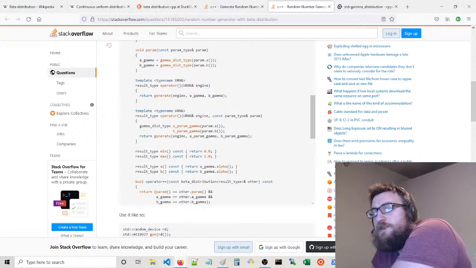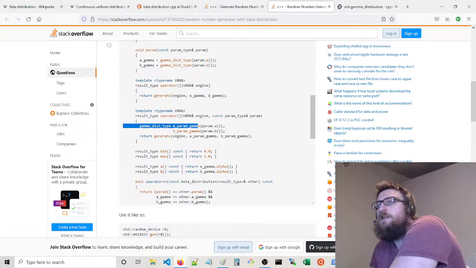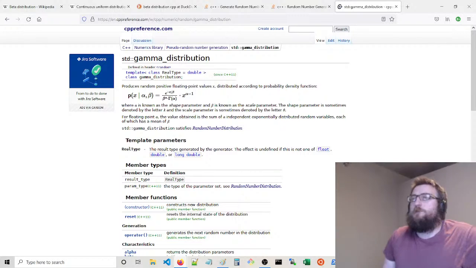B gamma is A is alpha. Oh, excuse me. No, B is alpha. Oh, okay. So I got it wrong. That's what I was trying to find out, what the parameters are for the A gamma and B gamma.